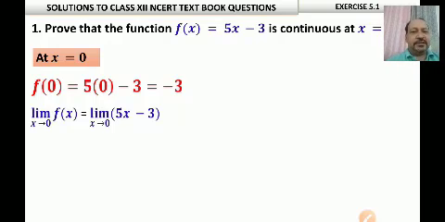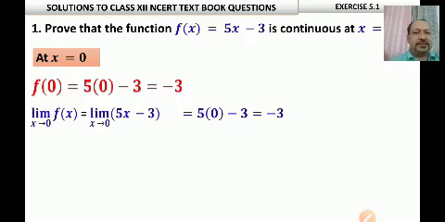Now the limit as x goes to 0 of f of x equals the limit as x goes to 0 of 5x minus 3, and when you calculate this limit, you will get minus 3.